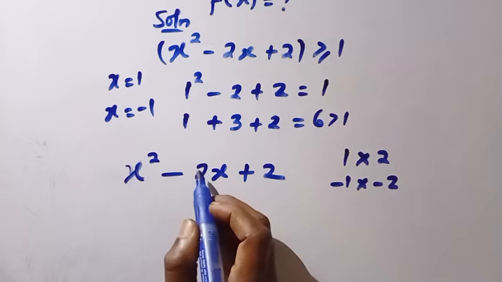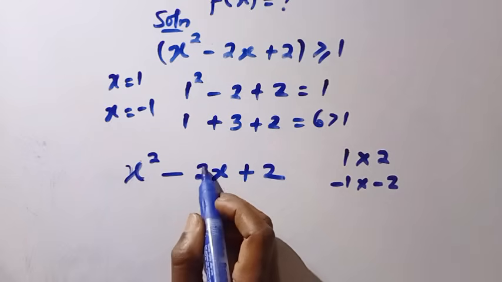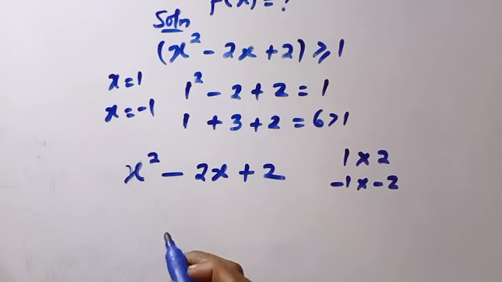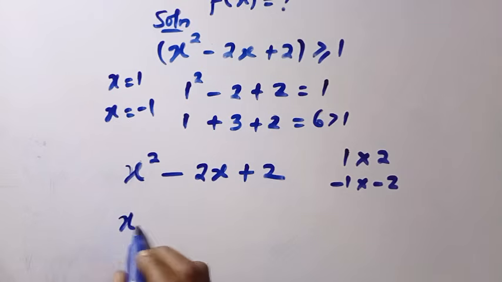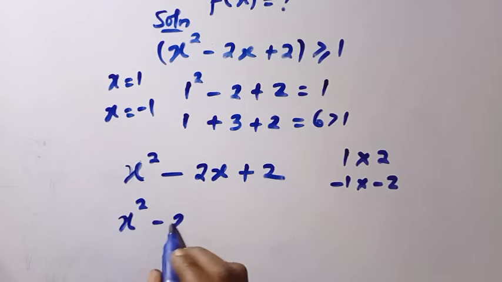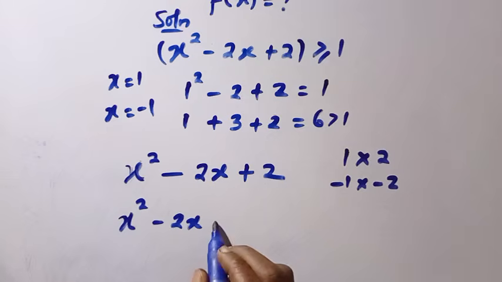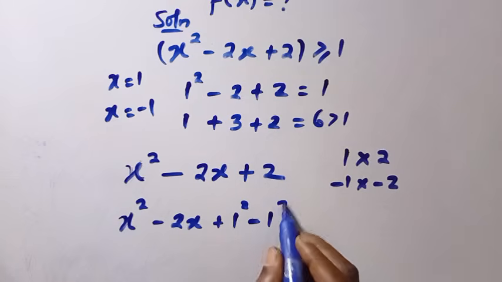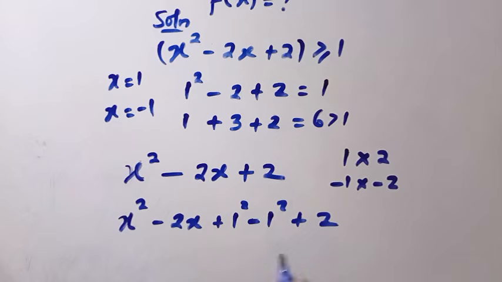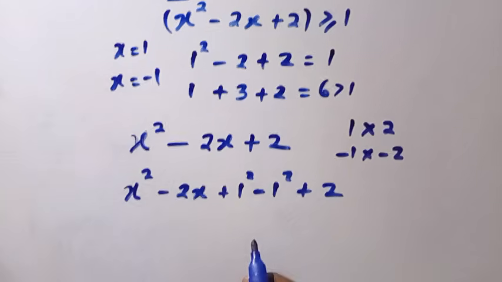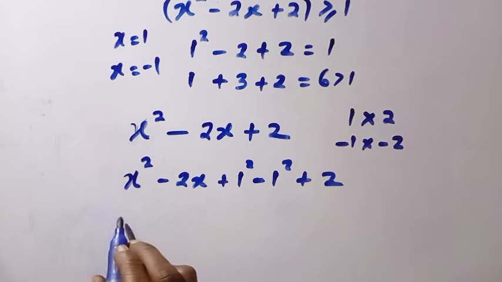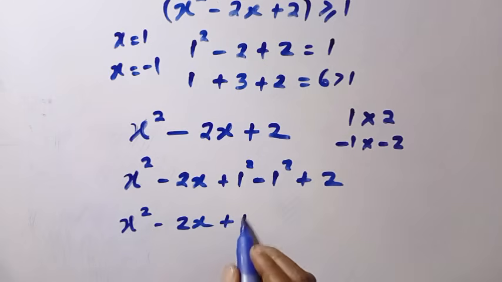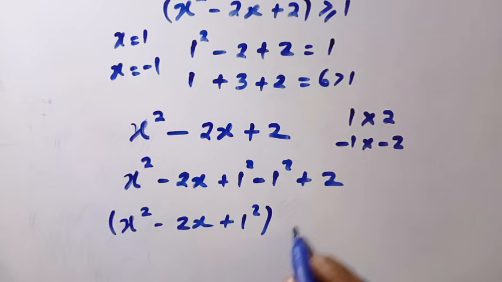First, we halve the coefficient of x, and we add it and subtract it here. With this, we have x squared minus 2x, then plus 1 squared minus 1 squared plus 2. Next, we have x squared minus 2x plus 1 squared. We bracket this.